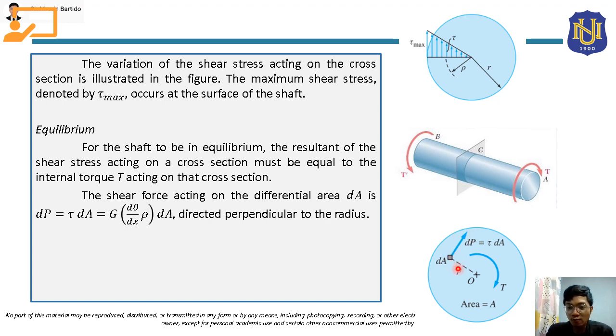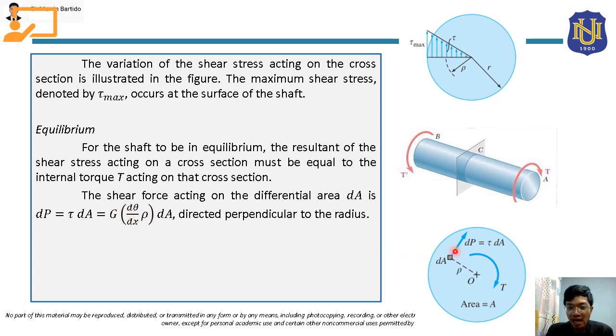To solve for dP using the formula, that is just τ times dA, from stress equal to internal force over area. This will be the formula for dP. And take note that we derived a formula for τ, and that is G times dθ/dx times ρ. So we can substitute that here.